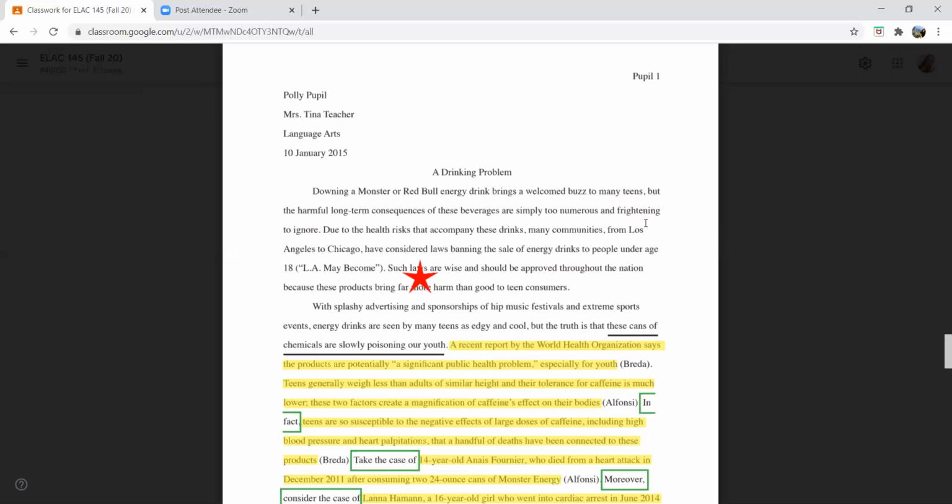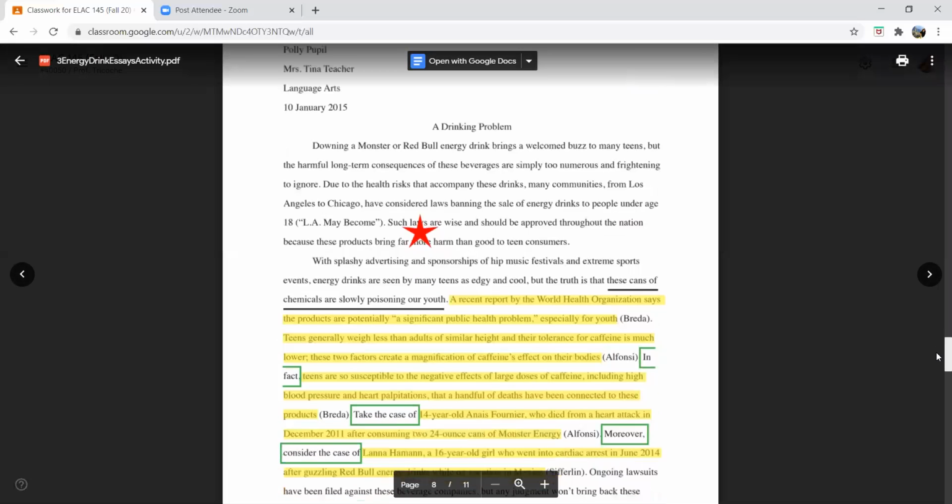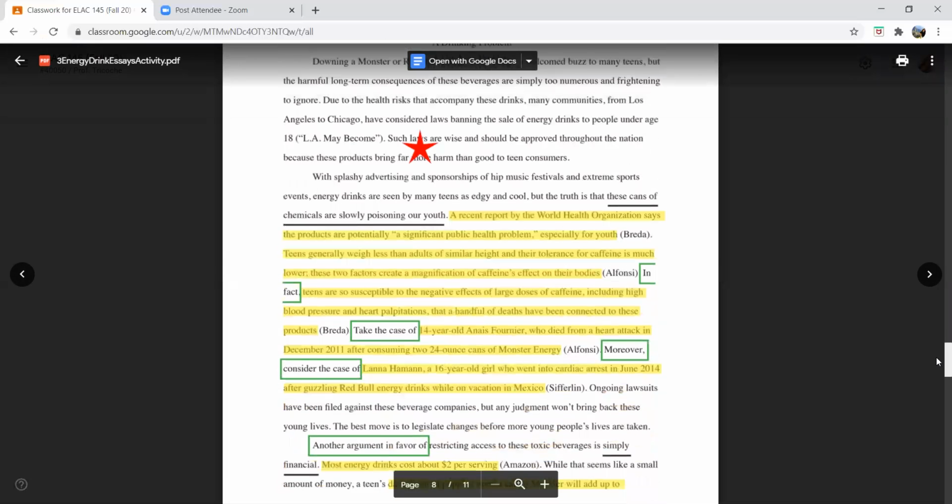Well, now that you have a little background information, boom, I'm going to pack you with the punch. I'm going to tell you my claim. Such laws are wise and should be approved throughout the nation. That's basically saying, hey, I agree with these laws. They're good. And I'm going to tell you why. Boom, boom, boom. The rest of the essay, reasons. Okay?